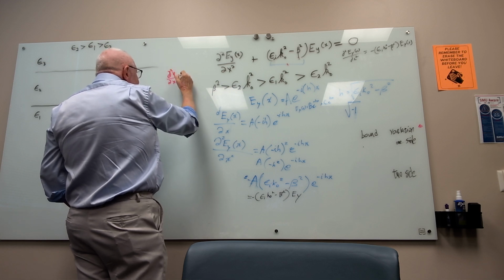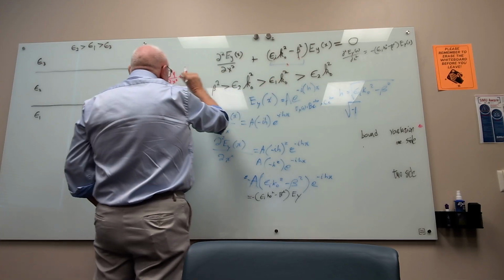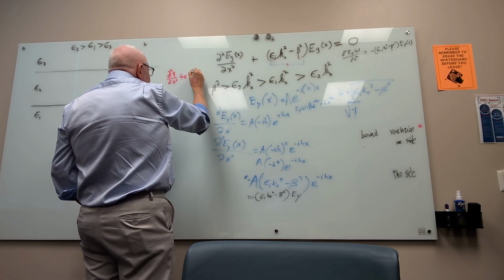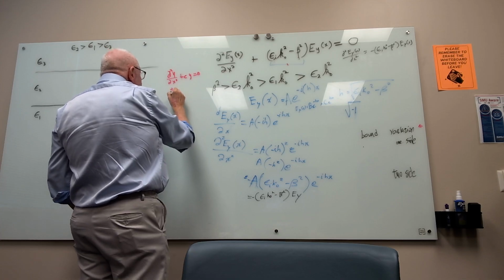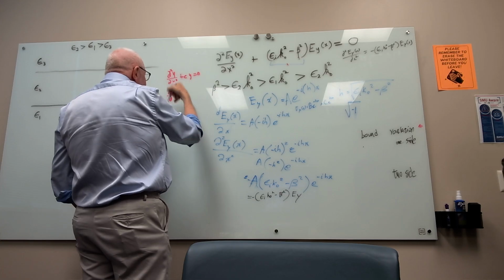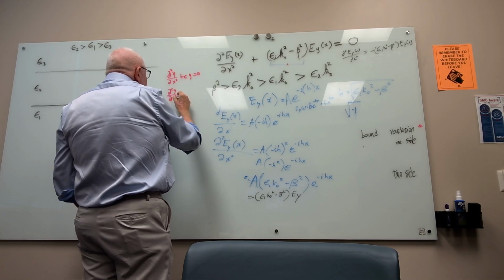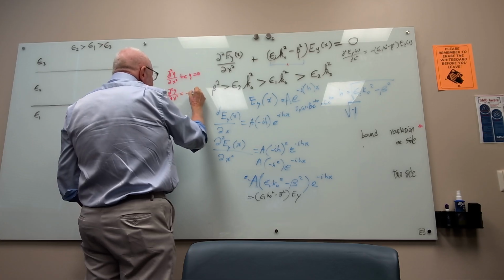Partial plus, this is going to be negative, so minus c times y equals 0. Or the second derivative of y is equal to a minus c times y.